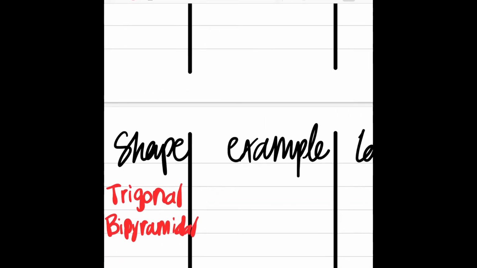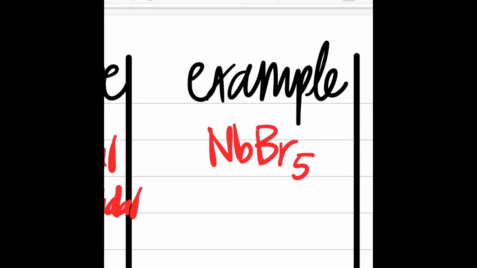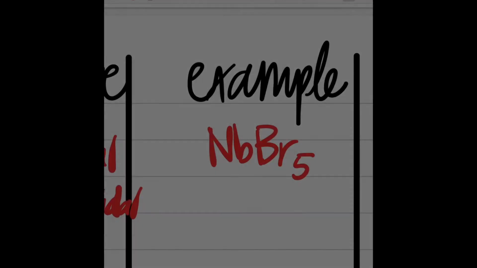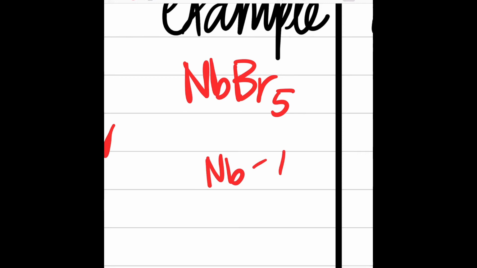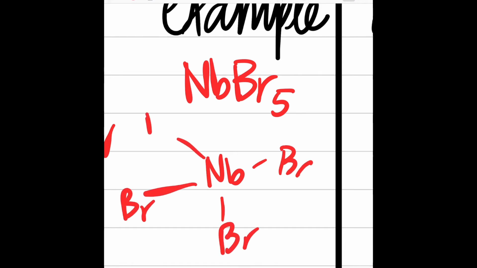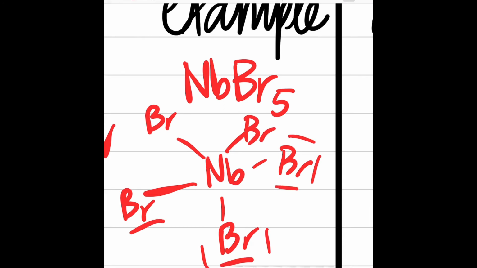All right, a great example of this one is NbBr5. Now Nb is niobium. All you need to know is niobium has 5 valence electrons. Niobium in the middle, bromine, bromine, bromine, bromine, and another bromine. And then you just box everything in. You would have to do the math for this, but you just box everything in.